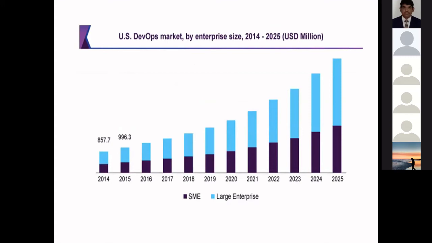The purple one is small and medium scale enterprises, and the blue one is larger companies, large enterprises. So you can see the trend. It is increasing day by day, and in 2025, it is going to reach the maximum.